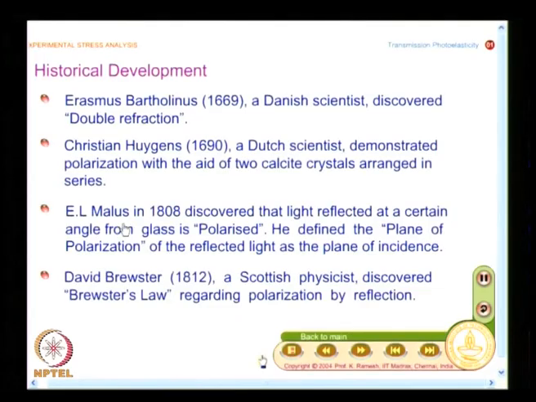So, we want a plane polarized beam of light, and if you look at these names, they are celebrated people in the field of physics, and for each one of them you have laws associated with them, and Huygens principle is very famous in wave optics.